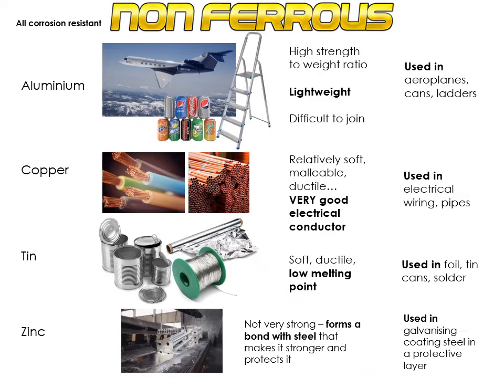It's like a chemical reaction that happens. So galvanizing is coating steel in a protective layer, and the way that they do it is they get massive steel products, like motorway barriers and lampposts, and dip them in a massive bath of molten zinc, and there we go, you've got your galvanized product.